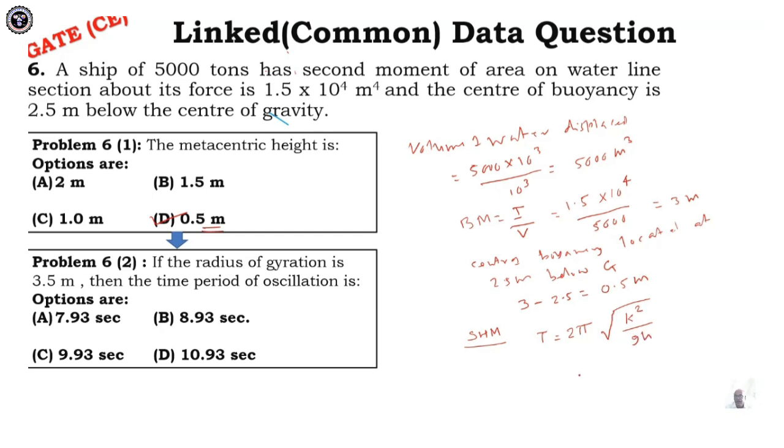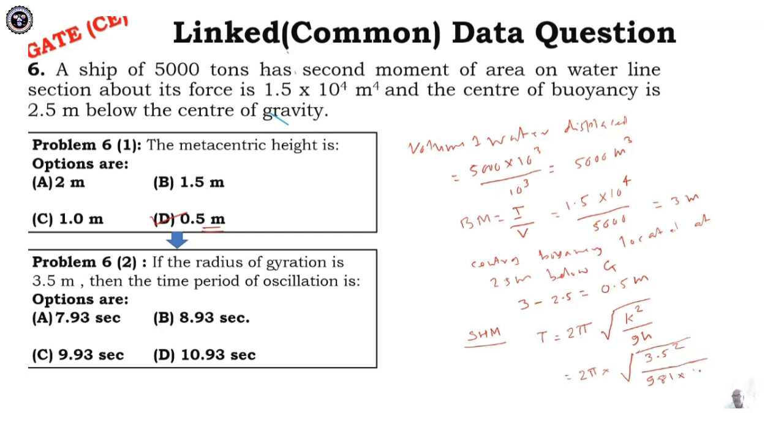Then that is equal to 2 pi into the radius of gyration, given here, 3.5 square, upon 9.81 into H. What is H here? H is 0.5.